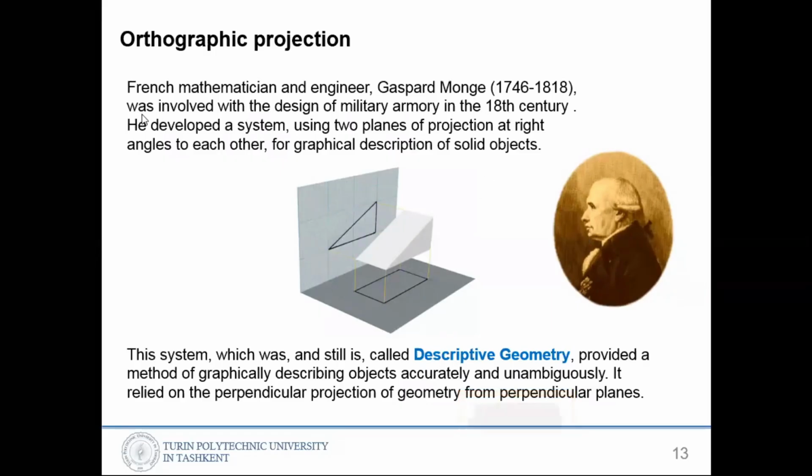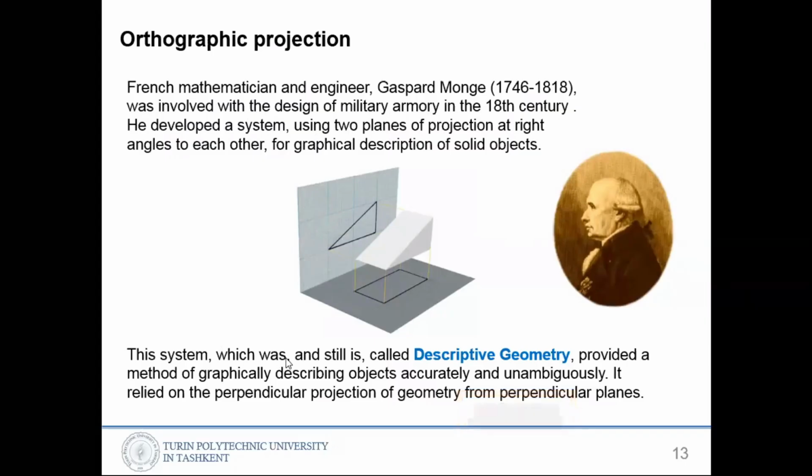Okay, so he was a military minister, and he invented many things like armored ships and military vehicles. He used only two-dimensional pages, and by using that two-dimensional drawing he solved three-dimensional problems without using 3D software and a computer.